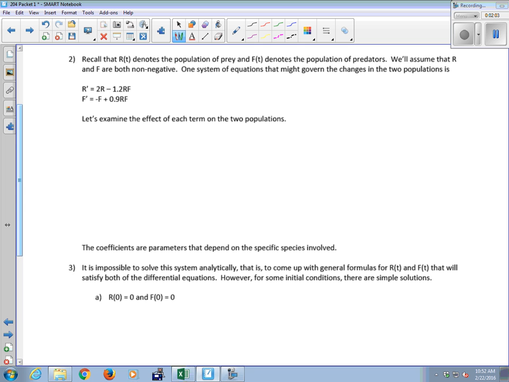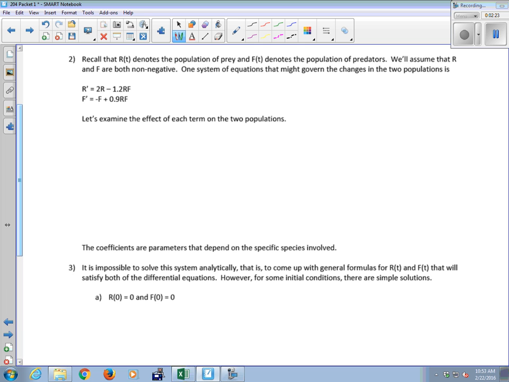We're going to assume that R and F are both always non-negative, since we can't have negative numbers of rabbits and negative numbers of foxes. So one system of equations that might govern the changes in the 2 populations is given by R prime is 2R minus 1.2 RF, and F prime is negative F plus 0.9 RF.